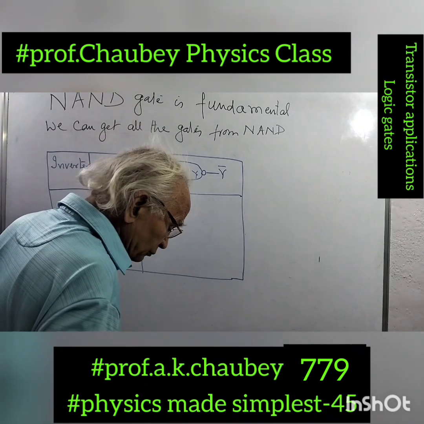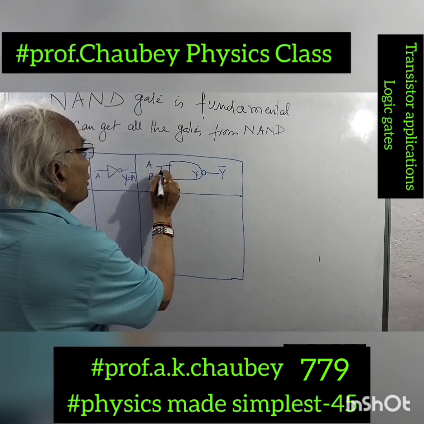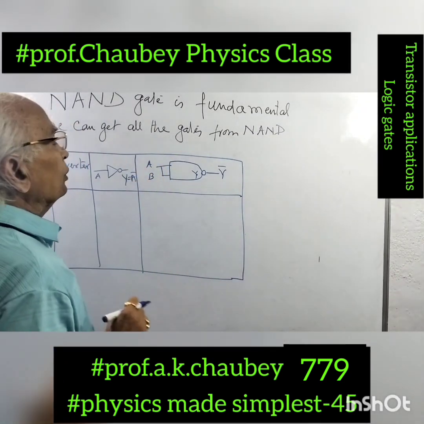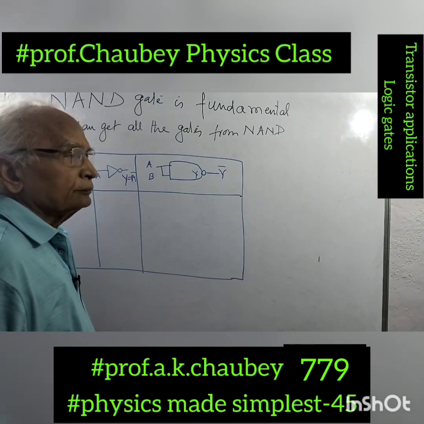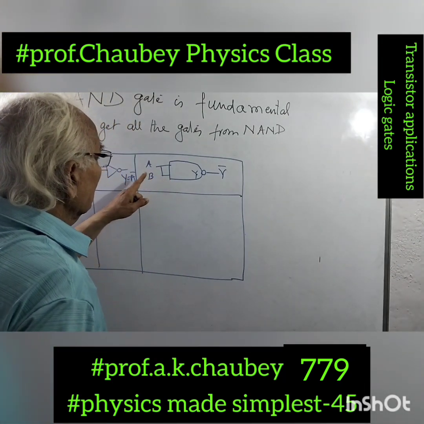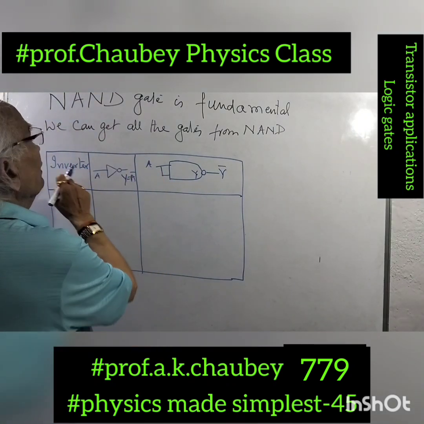What we do? We connect A and B together, means we make one input. Now what will happen? From this only one input, we will have inverter NOT gate.